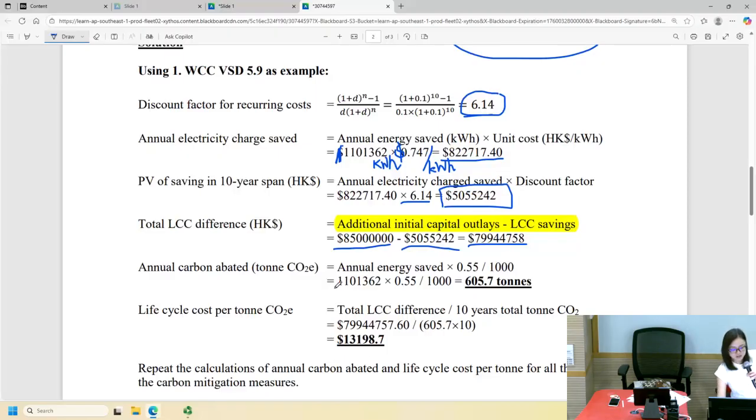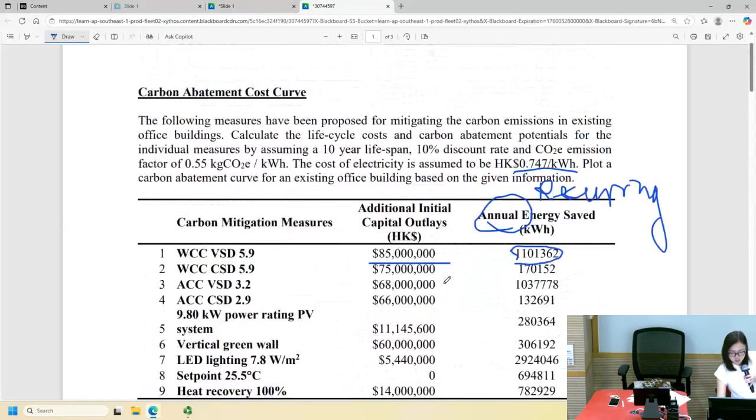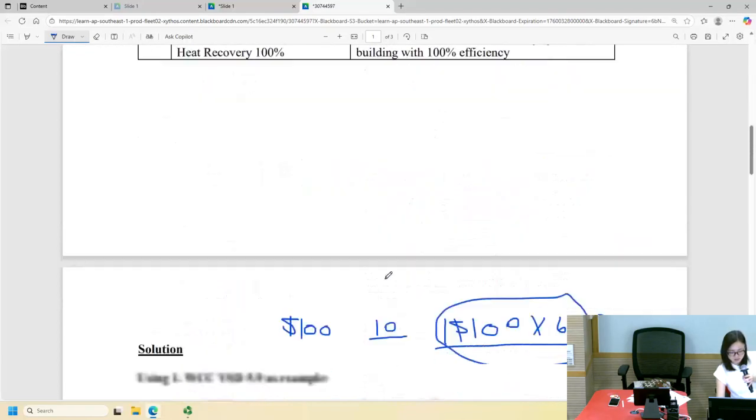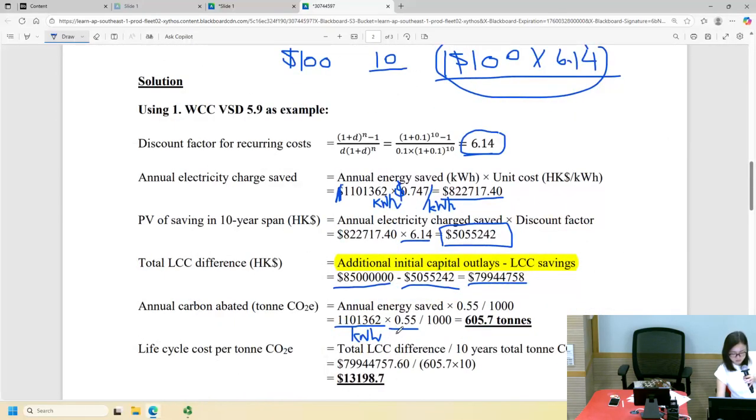So by saving this amount of energy, this is the kilowatt hour, and by multiplying the emission factor, which is kg of carbon dioxide equivalent, 0.55 kg of carbon dioxide equivalent for every kilowatt hour of energy consumption.